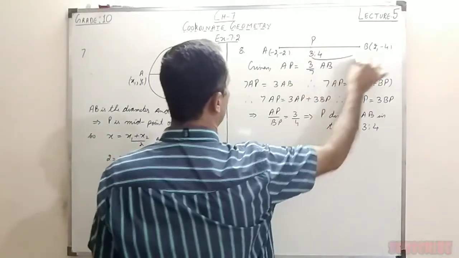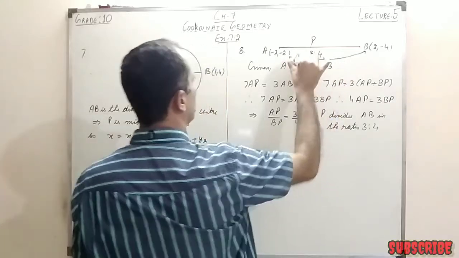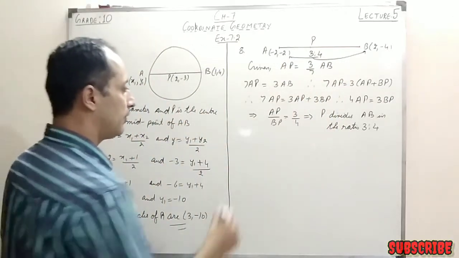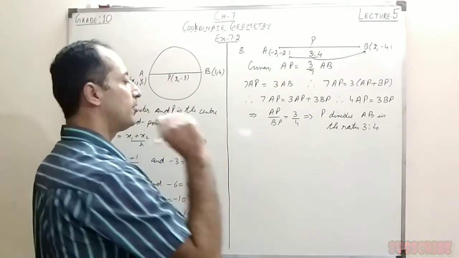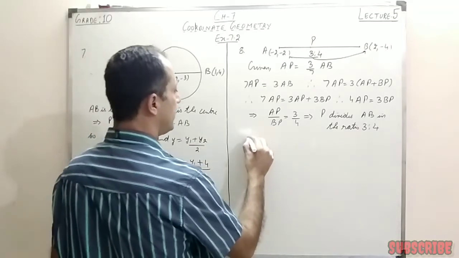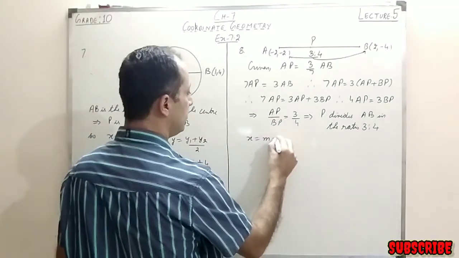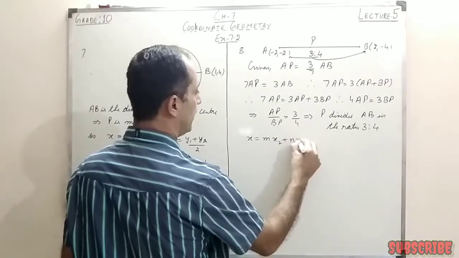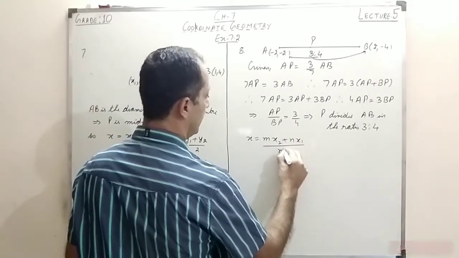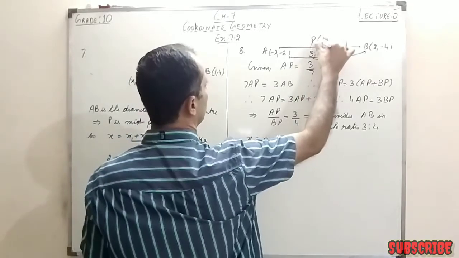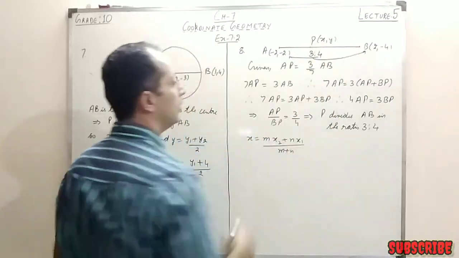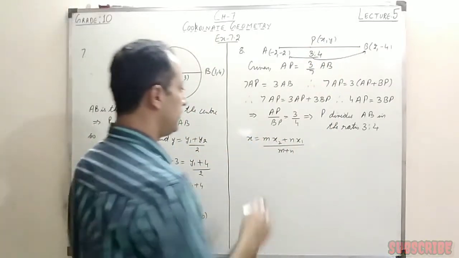So this 3 gets multiplied this side and this 4 will be this side, right? So therefore, now if I have to find the coordinates of P, I write the relation x equals (m x2 plus n x1) upon (m plus n). So I substitute the values.